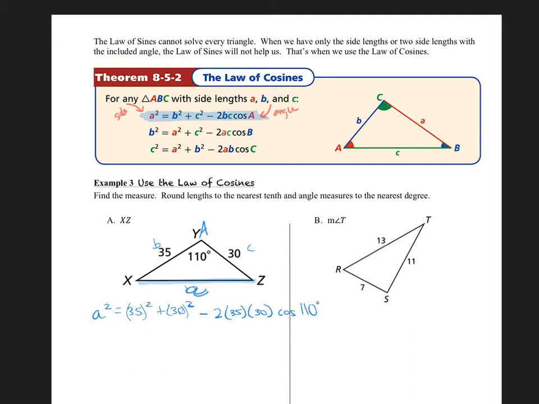So based on PEMDAS, we would have to do parentheses first, but there's nothing in the parentheses to do. So for the next step, I'm going to do exponents. So 35 squared is 1,225. 30 squared is 900. And I'm just going to rewrite the rest of this so you can see.